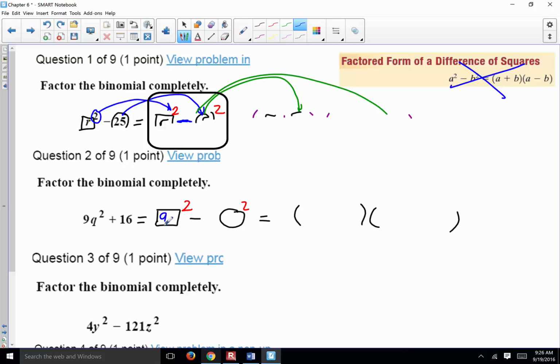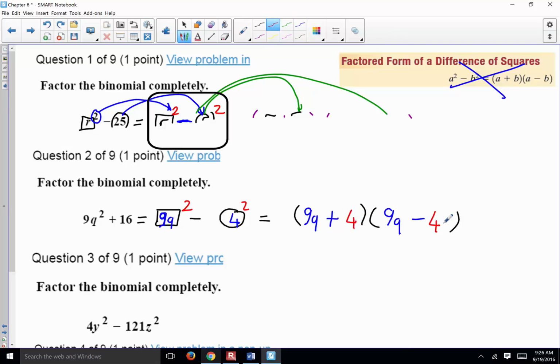I see 9q, and I see, what is this number? 16, but I need to make it a square here. What? 4. Perfect. So I put 9q into both spots, and then put one plus, one minus, put this number 4 and 4.